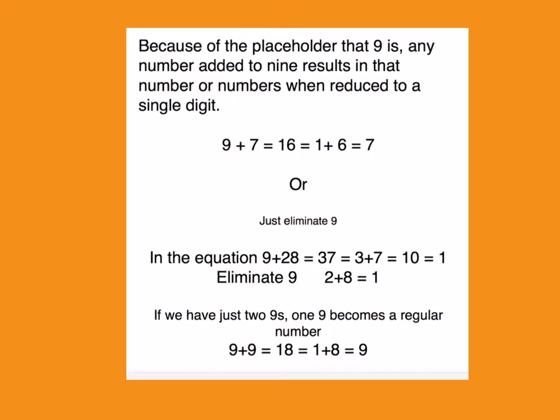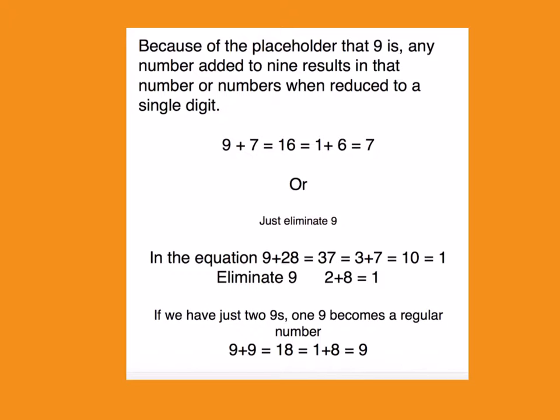For instance, 9 plus 4 is 13. 3 and 1 is 4. If we add the numbers together, then we get a single-digit number.